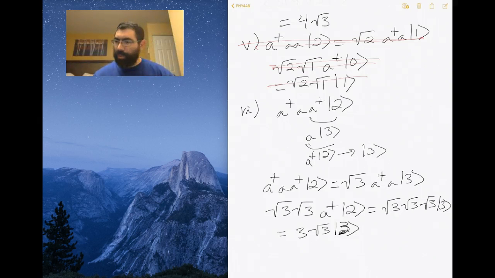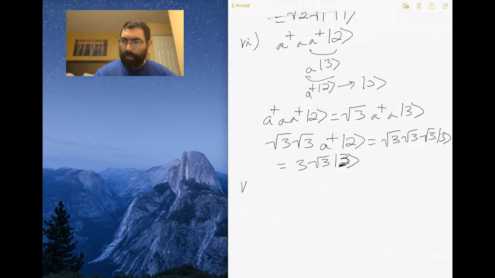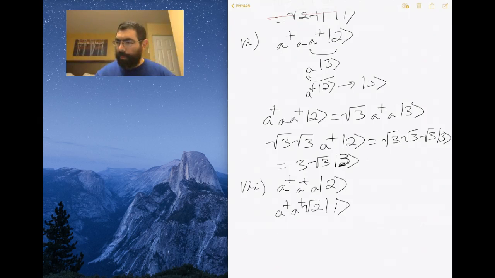Okay, so I get 2 more terms. The seventh term is A dagger A operating on 2. So this one is going to lower it down to 1. But then A dagger is going to raise it up to a 2. And then A dagger is going to raise that one up to 3.